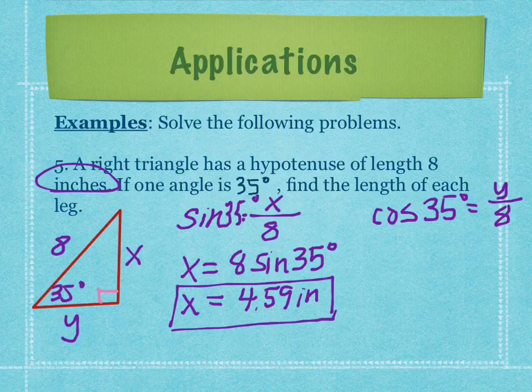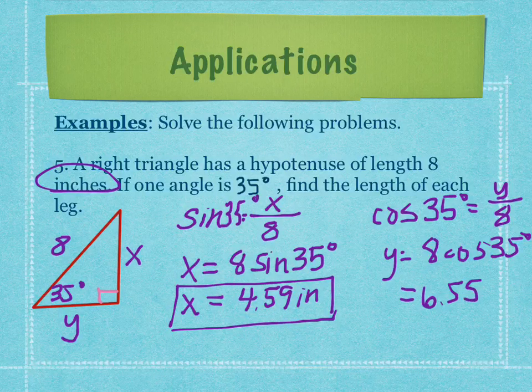And I would do the exact same thing, multiply by 8. So y equals 8 cosine 35 degrees. And what is 8 cosine 35 degrees with 2 decimals? All right. Inches, right?